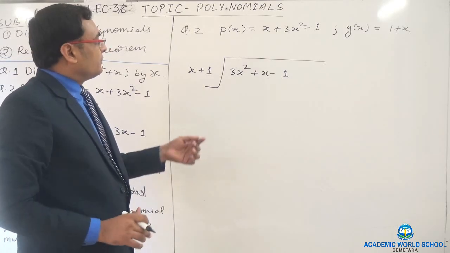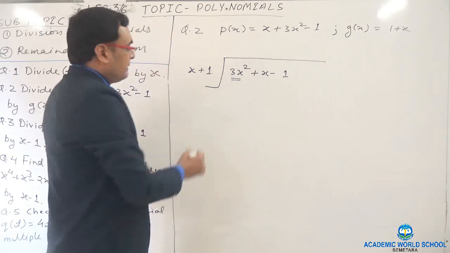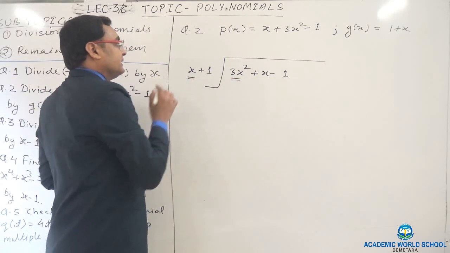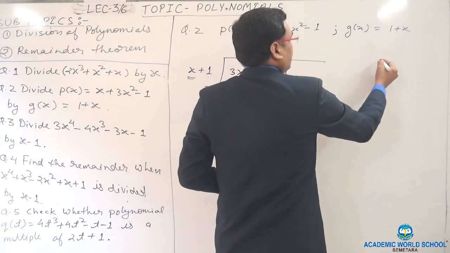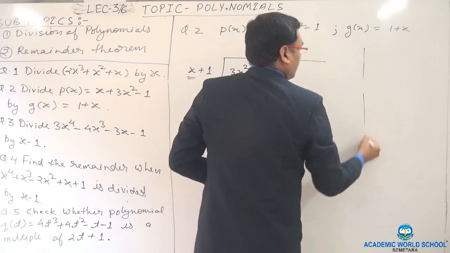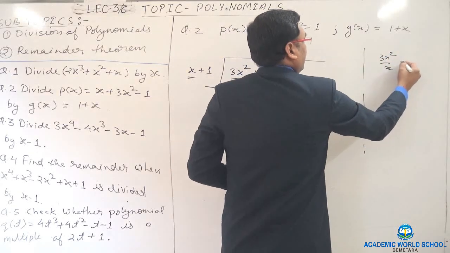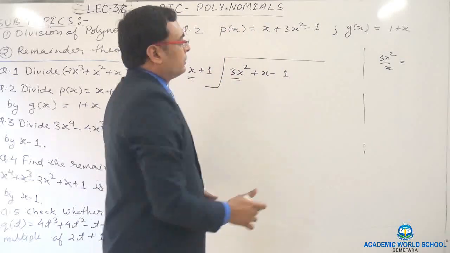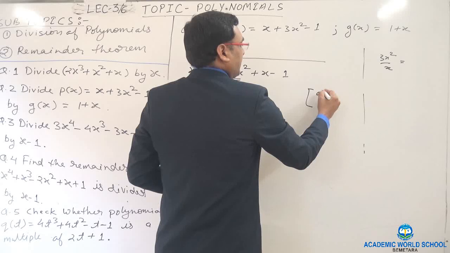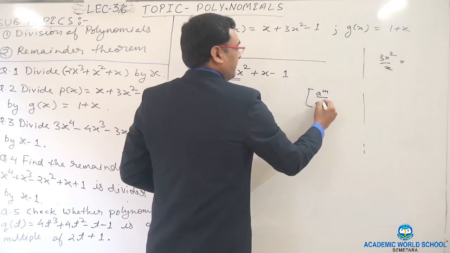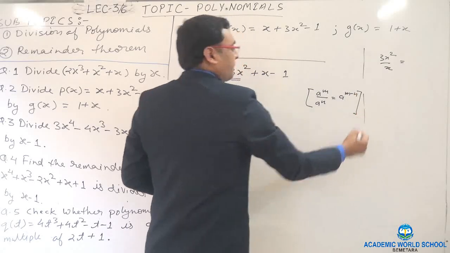What we will do is divide the first term 3x square by the first term of this divisor, x. So what will be our answer? Look here, I am doing 3x square divided by x. Again, you should know we will always use the formula a to the power m divided by a to the power n is equal to a to the power m minus n.